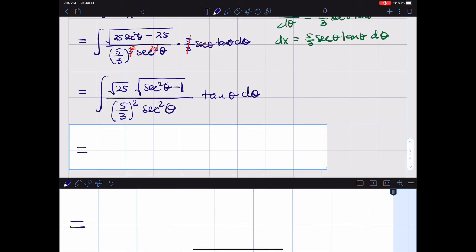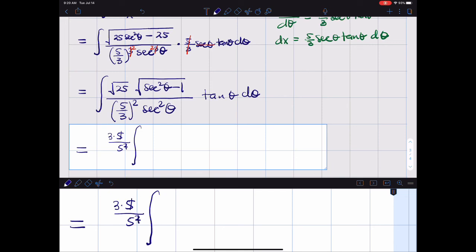So we can factor out the 5, and we can factor out the 5 squared over 3. So you factor out the square root of 25, that's just 5. And then you have a factor of 5 squared over 3. That leaves you with 5 squared, and then you bring the 3 to the top.